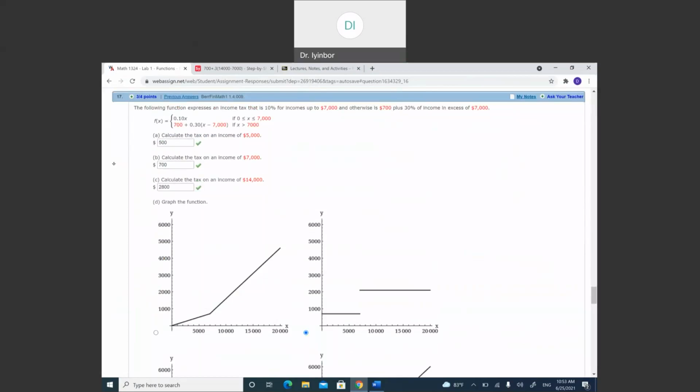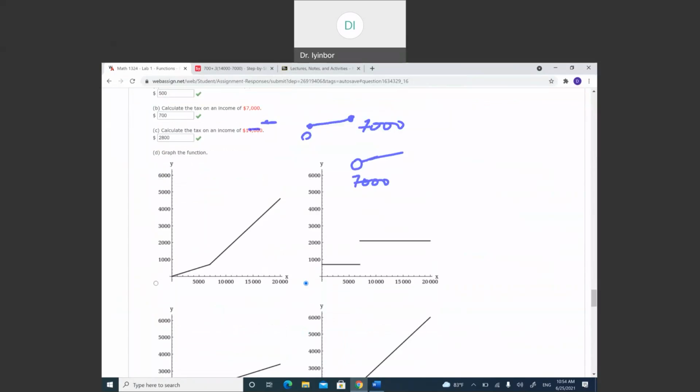The first graph is going to start at 0 and end at 7,000. And the second graph is going to start at 7,000, but it has to be an open circle. And it's going to go somewhere, right? We don't know exactly how it's going to look yet. So let's see which one of those it is.